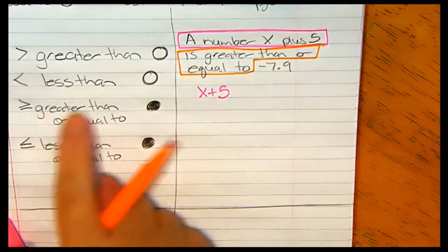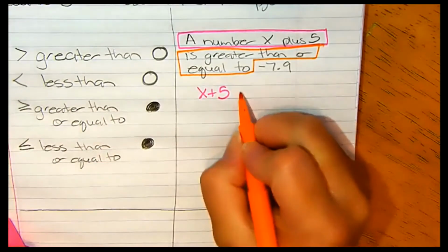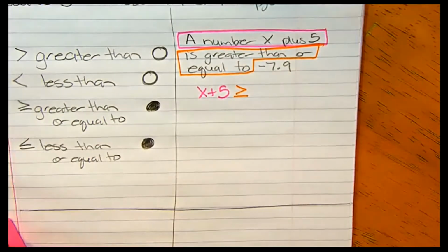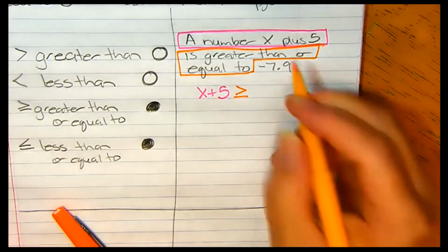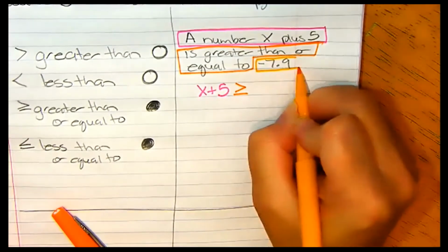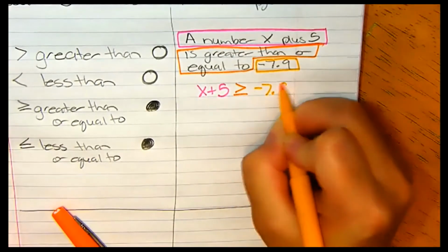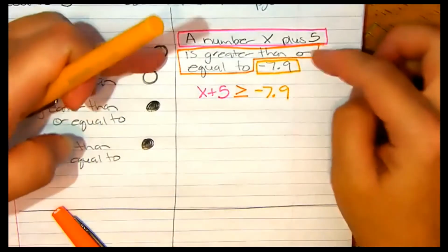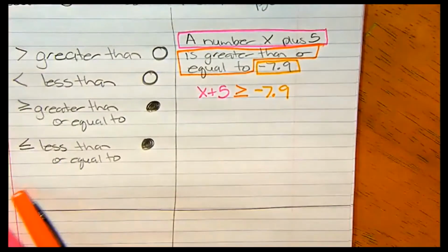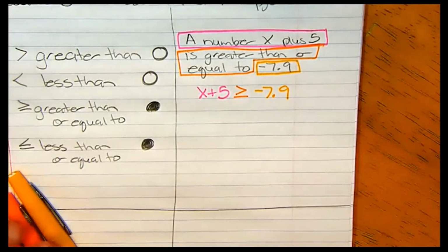Oh, greater than or equal to. Negative 7.9. Negative 7 9/10. There we go. So we have to take the word sentence and turn it into a number sentence before we can work with it.